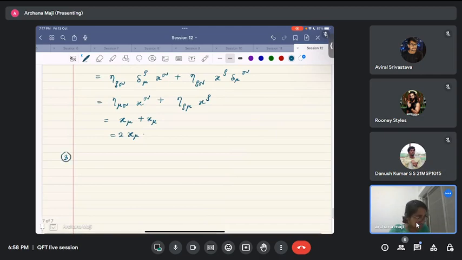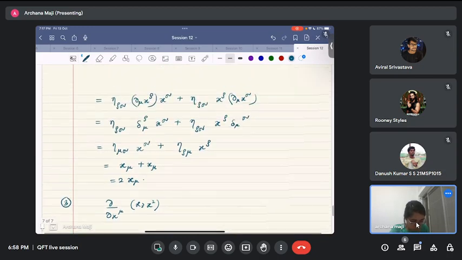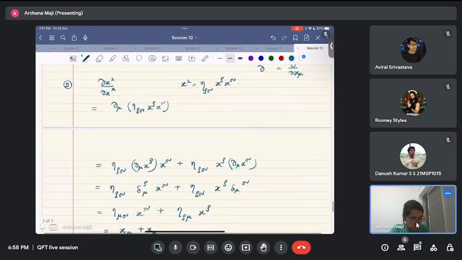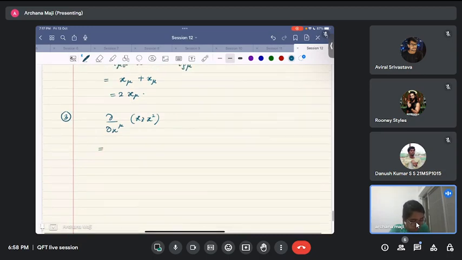Third question. Evaluate del x mu x mu x square. So we have already evaluated this quantity, so this is equal to del covariant mu x nu x square, which is x nu x square plus x nu partial mu acting on x square.